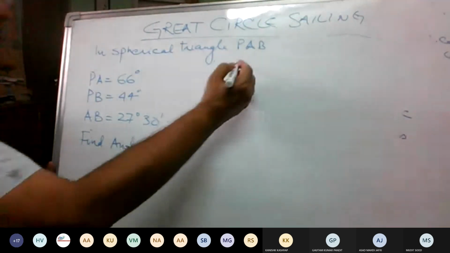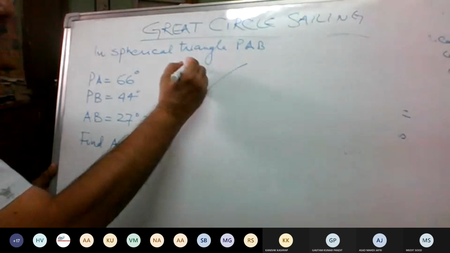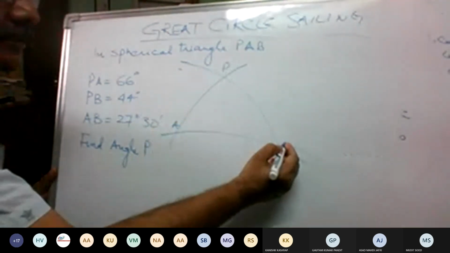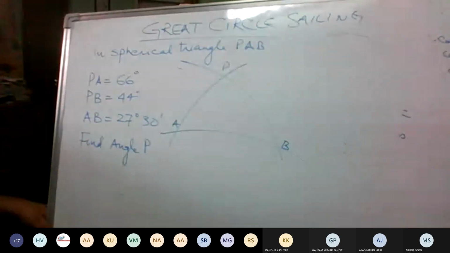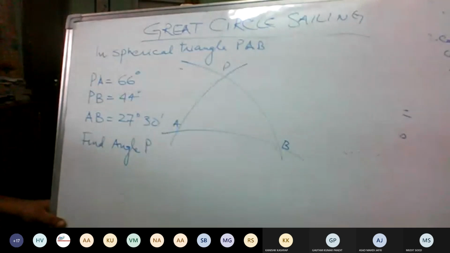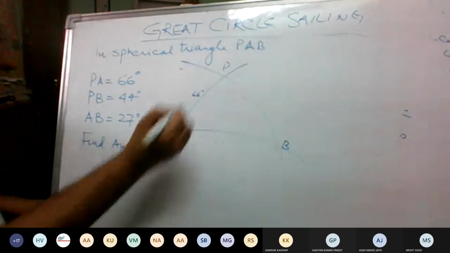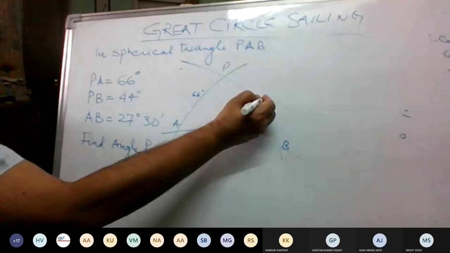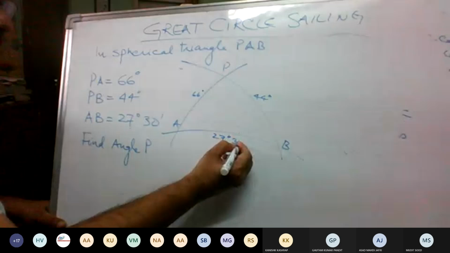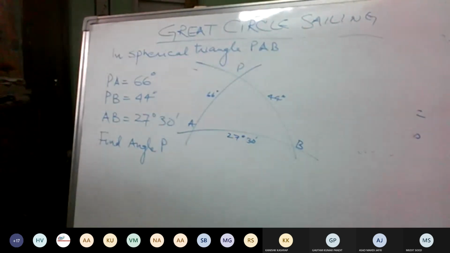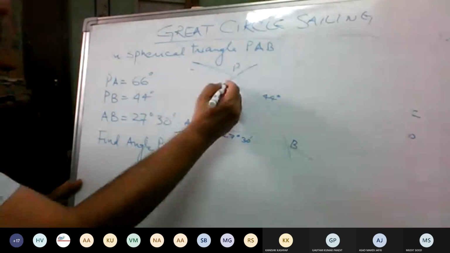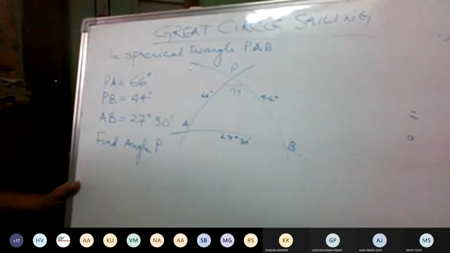Okay. पहले हम स्फेरिकल ट्रायंगल ड्रॉ करेंगे, तो ये स्फेरिकल ट्रायंगल है, ये P है, A है. ओके, PAB, PA कितना है? 66, PB कितना है? 44 डिग्री, and AB is equal to 27 degrees 30 minutes. Find angle P. Write down the formula. You know that. आप बताइए, what is the formula? हमको angle P मालूम करना है. Okay.